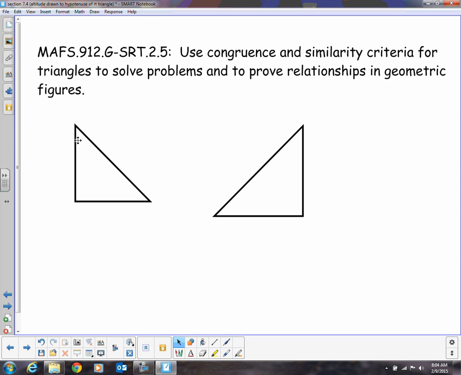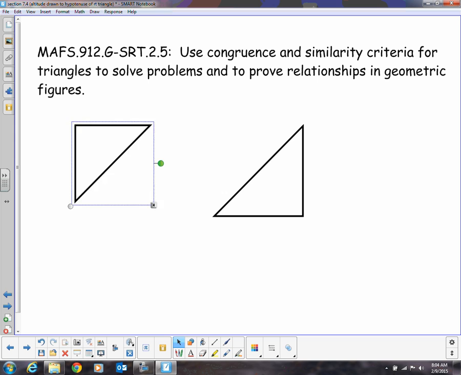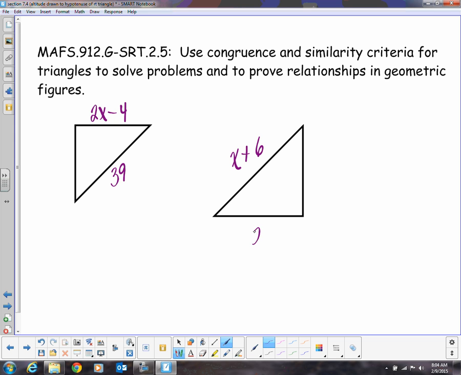The other one was like this. All right. So they told you that this is 2x minus 4. They told you this is 39. They told you this is x plus 6, and they told you this was 24. So in the directions they told you similar.